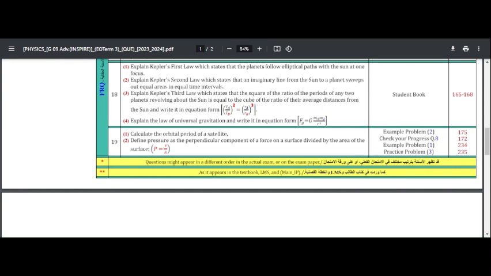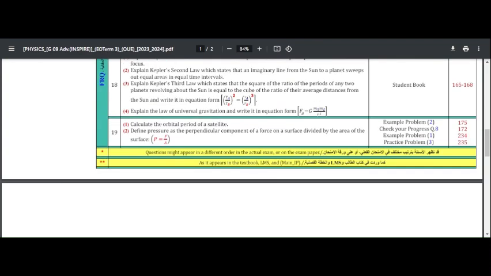So you should be thorough with all three of Kepler's laws, and how to apply Kepler's third law using the formula T squared is proportional to R cubed. Another thing is you must know how to explain the law of universal gravitation. They could give you a small question to solve.